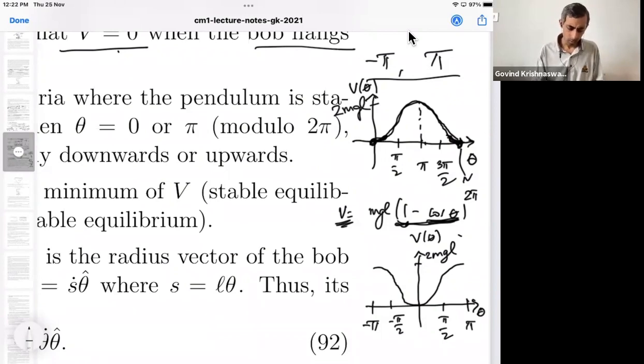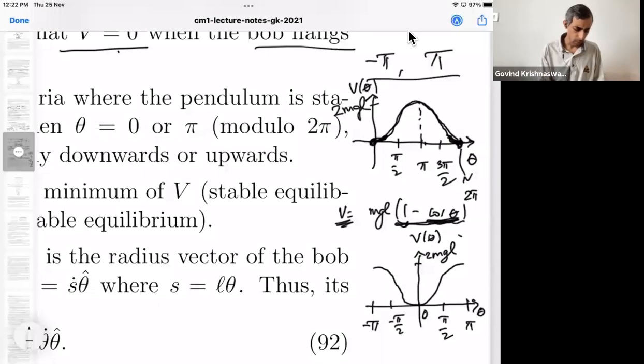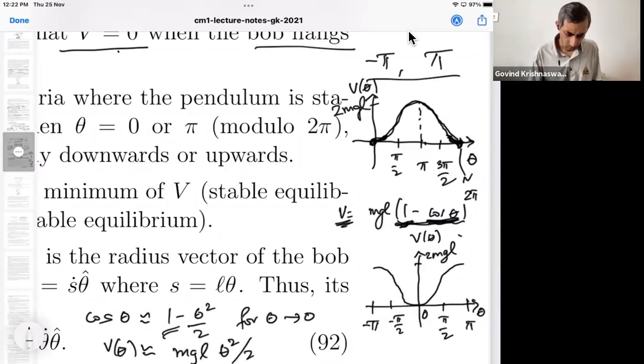After all, near theta equal to 0, you can approximate cosine theta as approximately 1 minus theta squared upon 2, right? For theta going to 0. Now the 1 is going to cancel out this 1, 1 minus 1, and you are going to be left with V of theta approximately mgl theta squared upon 2, which is a parabolic function. So that is what this is showing, parabolic function.